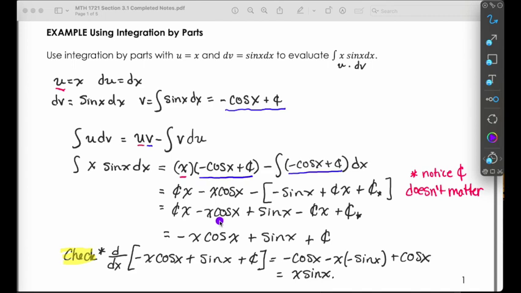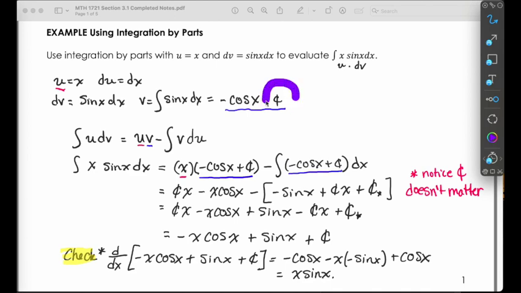All right, now I'm going to clean this up some more. I'm going to distribute this negative here. This I'm just carrying down. I'm going to distribute this minus here. So that's going to give me a plus sine x minus the constant times x plus our c star. So as you can see, this constant is going to end up disappearing and it doesn't even matter.